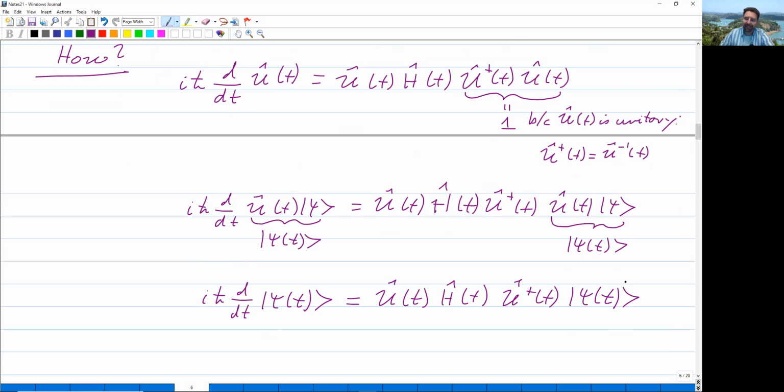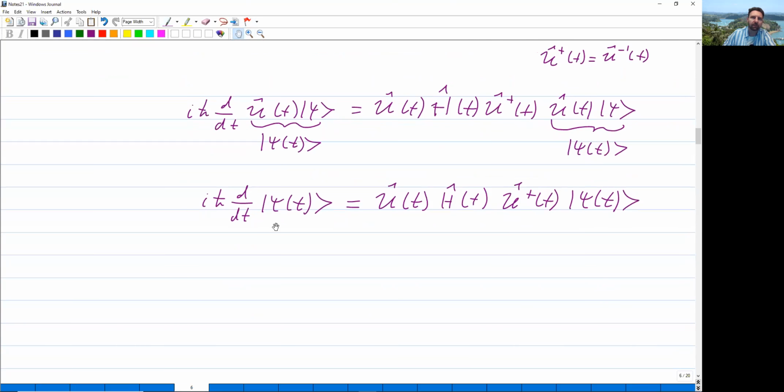Now, that looks good because it is a differential equation for the vector valued function psi of t. But it still requires u hat of t, the time evolution operator. But we want to get rid of it. We don't want to have to use it, to know it, to calculate it.